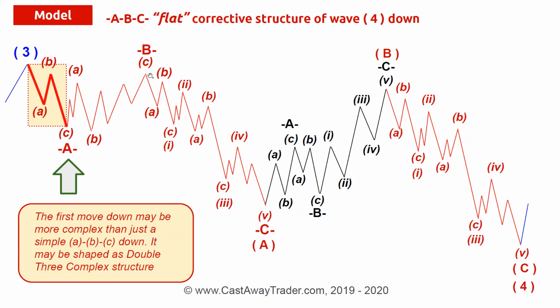It's a corrective wave inside a corrective wave, so the whole structure is corrective, and that wave B is a small pullback inside that corrective structure. This is why it's so difficult to predict that move up, because the whole move here is like a constant battle between bulls and bears.